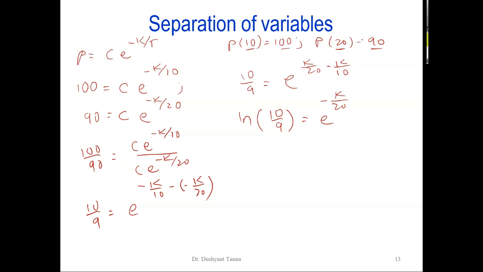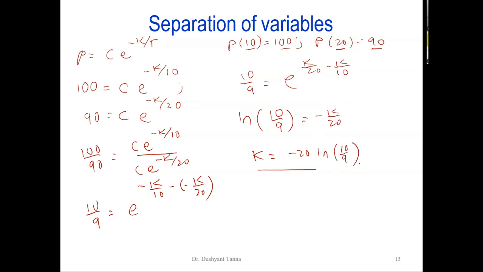Okay. Can you solve this for me, please? So K is equal to minus 20. Sorry, my bad. Okay, K is equal to minus 20 ln 10 over 9.